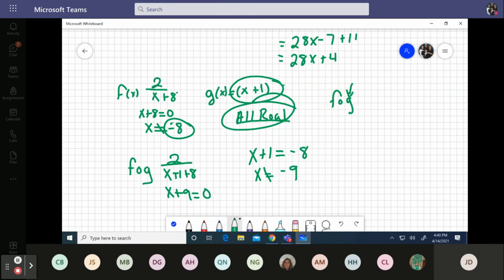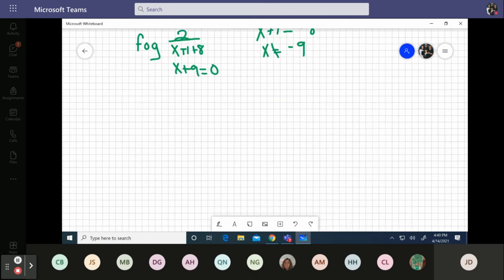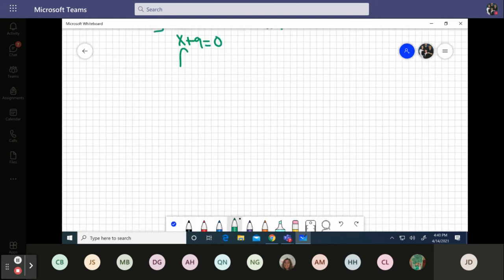What about for 7? What's going to be my restriction? If I have f of x is equal to the square root of x, and 6x plus 24 for g of x. Again, g of x is linear, so my domain is all real.